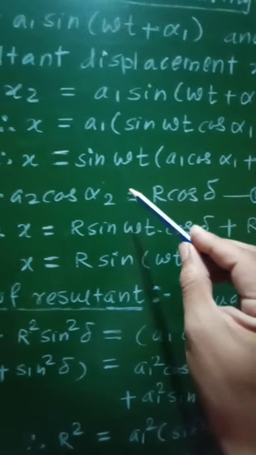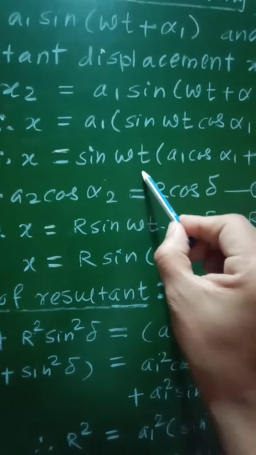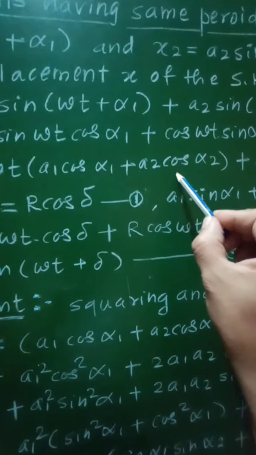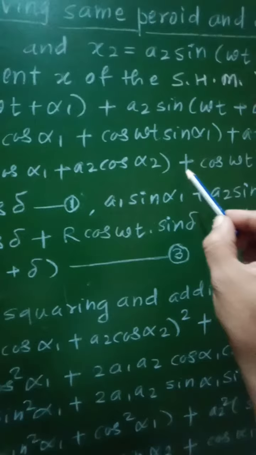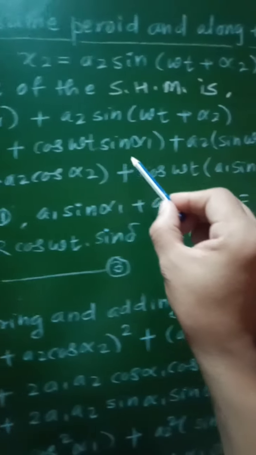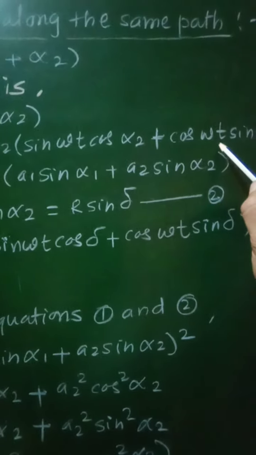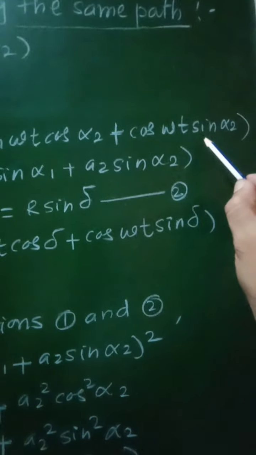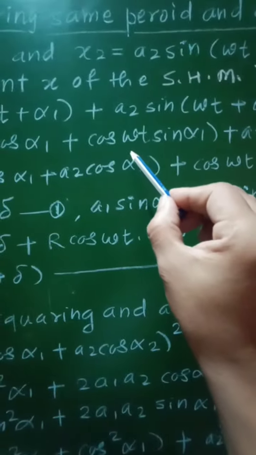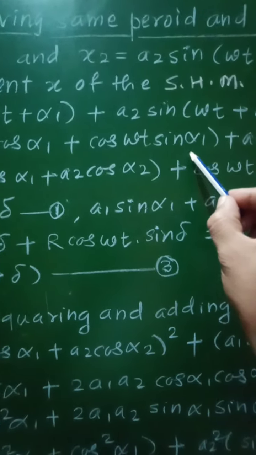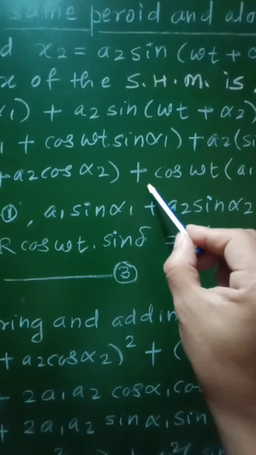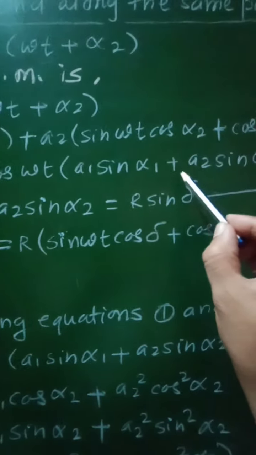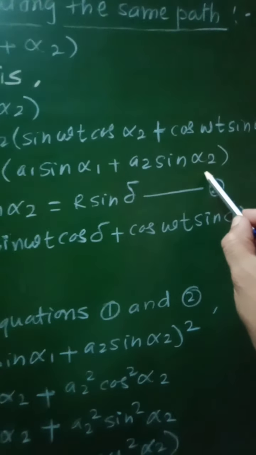Therefore we can write x equal to sin omega t into (a1 cos alpha 1 plus a2 cos alpha 2), plus, from this term cos omega t and from this term cos omega t will be taken common, and then the remaining a1 sin alpha 1 and a2 sin alpha 2 will be there, and therefore we will get plus cos omega t into (a1 sin alpha 1 plus a2 sin alpha 2).